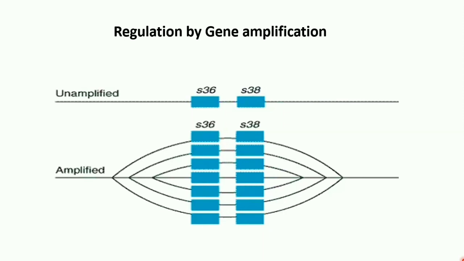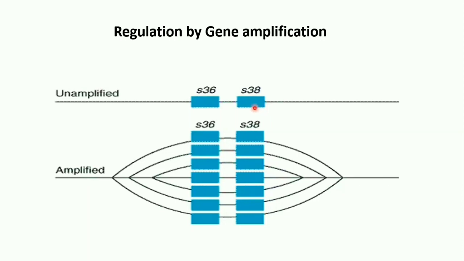So these malignant cells develop drug resistance to long-term administration of methotrexate by amplifying the gene coding for dihydrofolate reductase. This is the gene which codes for dihydrofolate reductase.